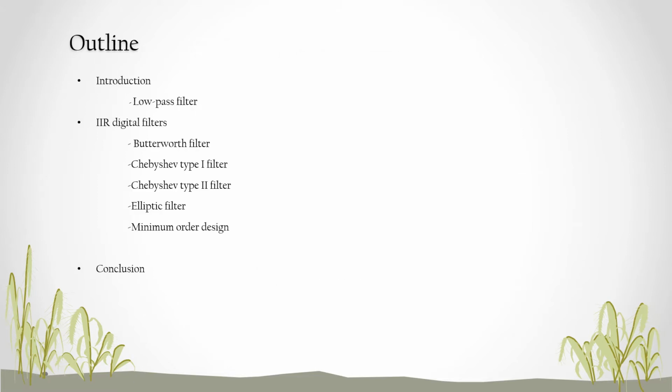The first step of this presentation would be a short introduction to filters, especially low-pass filters. Then I'm going to present the IIR digital filters, the abbreviation for infinite impulse response digital filters, and the four types that we're going to take a look at: the Butterworth filter, the Chebyshev type 1 filter, the Chebyshev type 2 filter, and the elliptic filter.